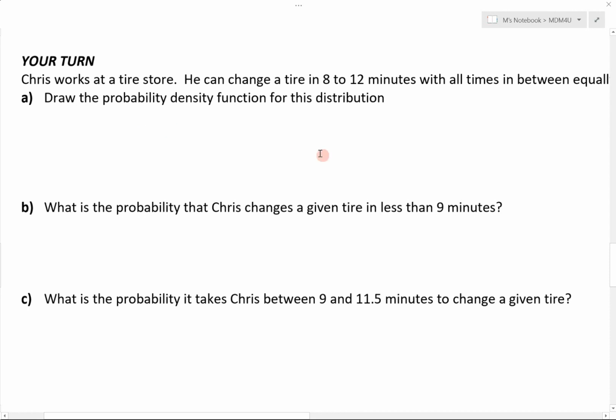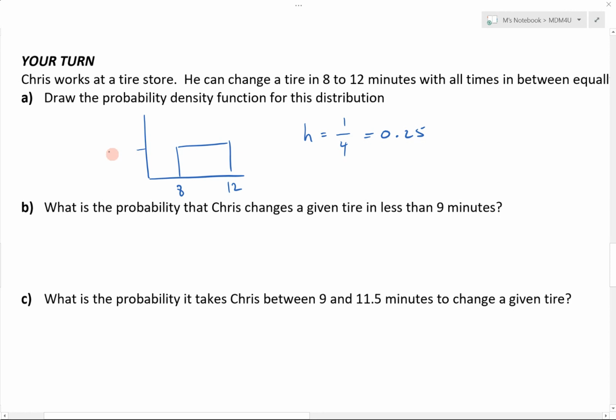Okay, so hopefully you had a chance to check it out. So here's what the probability distribution would look like. Chris would be here from 8 to 12 minutes. All the times are equally likely. From 8 to 12 minutes, the height would be 100% divided by 4 minutes between 8 and 12, giving me a value of 0.25 for my probability density.